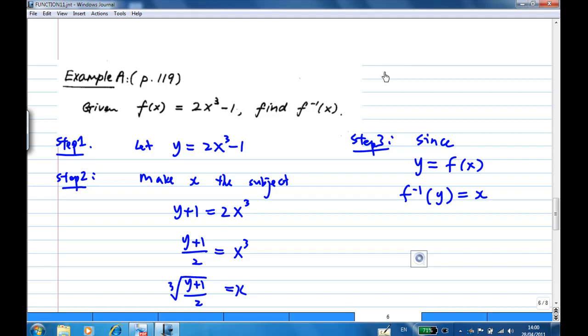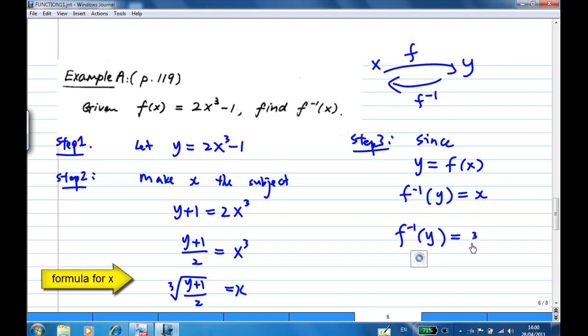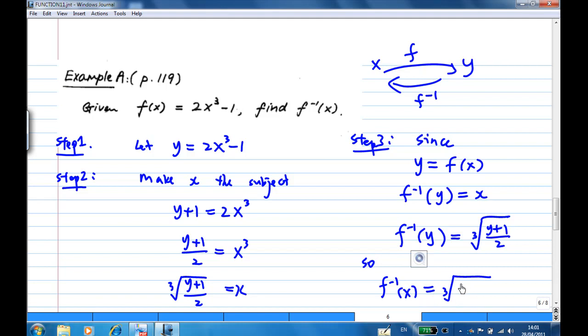The picture will be f will send x to y, so f inverse will send y to x. But I just got a formula for x now in terms of y: x equals the cube root of y plus 1 over 2. So the general formula for f inverse is f inverse of x equals the cube root of x plus 1 over 2.